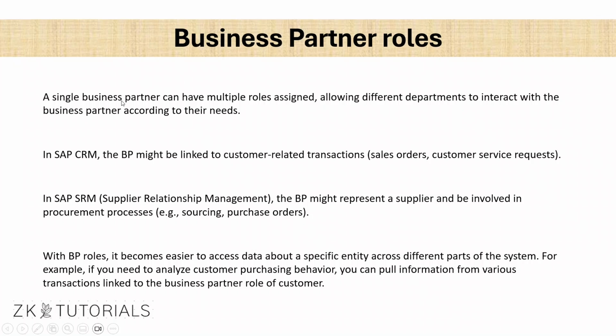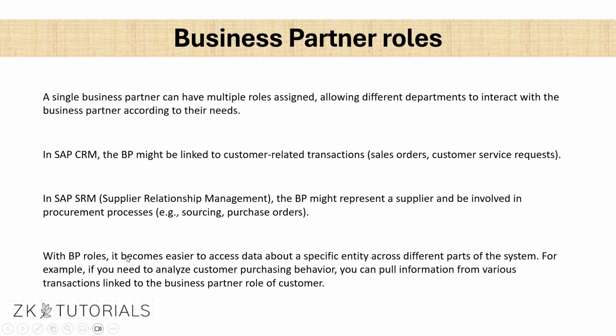A single business partner can have multiple roles assigned, allowing different departments to interact with the business partner according to their needs. In SAP CRM, the BP might be linked to customer-related transactions, sales orders, and customer service requests. In SAP SRM, supplier relationship management, the BP, meaning business partner, might represent a supplier and be involved in the procurement process, for example sourcing and purchase orders.